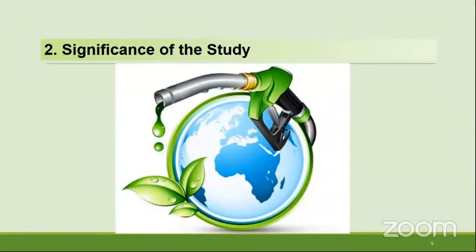When we talk about the significance of the study, as we all know, there have been rapid, unprecedented advances in human civilization over the past decades, and along with that, energy consumption has also increased. Therefore, it is anticipated that current fossil fuel reserves will be exhausted in the next 40 to 50 years. Also, Sri Lanka mainly depends on energy obtained from fossil fuel and the transportation of the country depends on imported petroleum fuels.